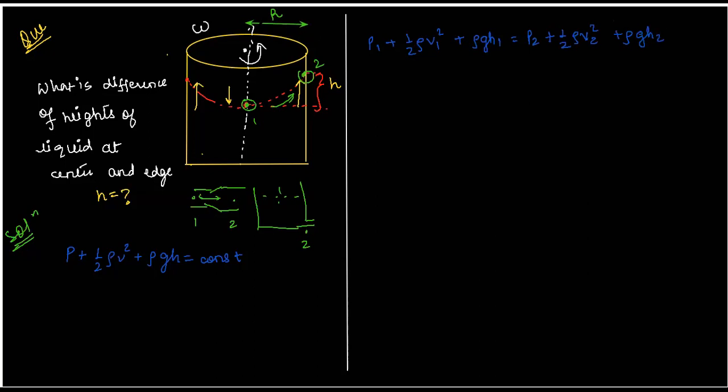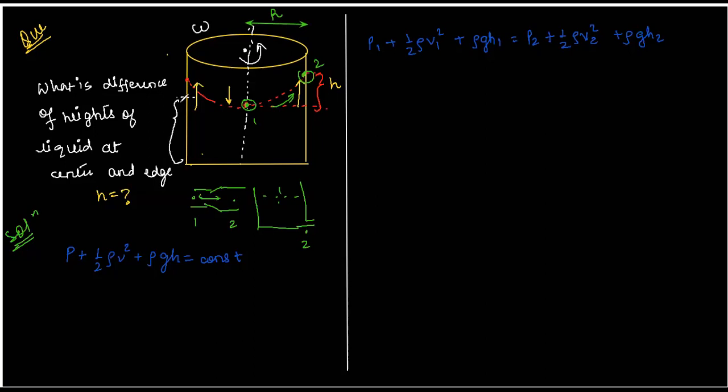Yes, sir. Now what to do after this? Let's substitute the values. We are basically supposed to find out the difference in height. But see, one very important point: both of these heights are actually from the ground almost at the same level.